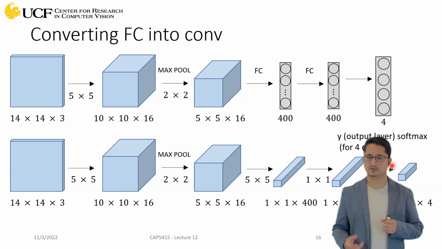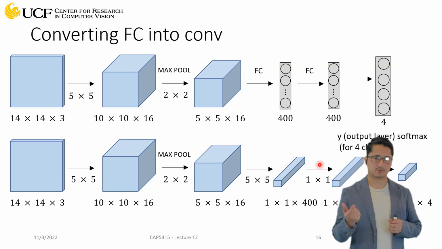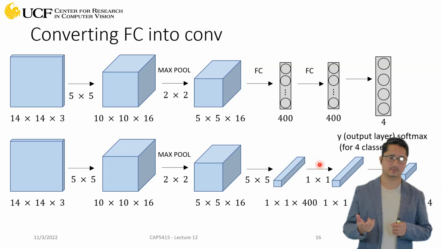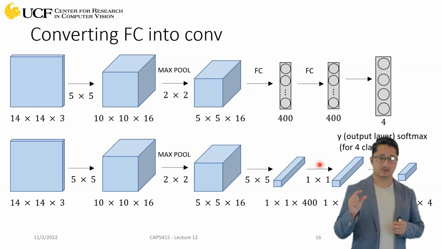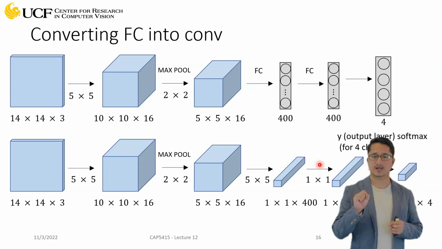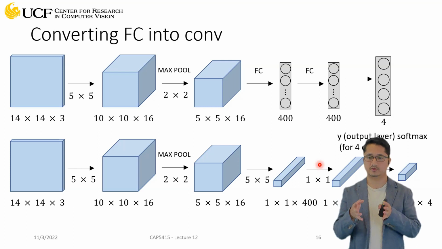Now, the more interesting use case for this fully convolutional network is, if you think about the programming assignment you have, the third programming assignment, where we're asking you to build an autoencoder. In that case, if you don't have fully connected layers in between in the bottleneck, you just keep it fully convolutional.